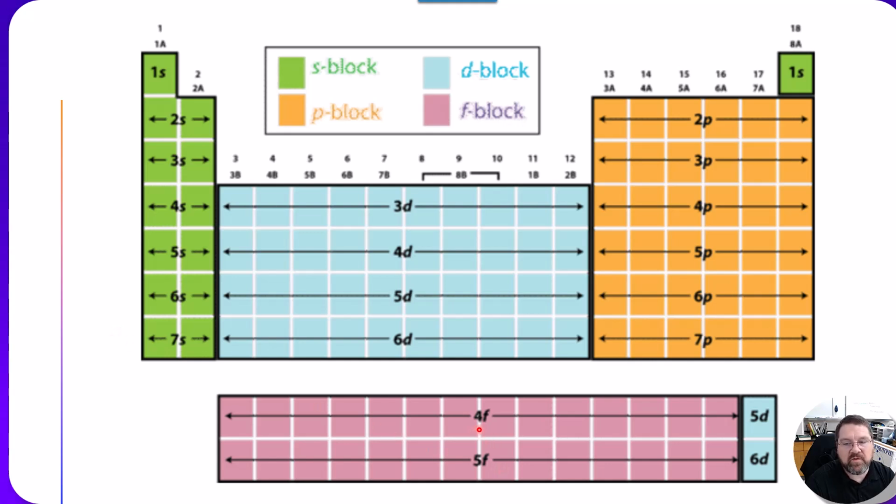The number in front of the F is 2 less than the row of the periodic table that it sits in. So remembering those patterns, S and P's are numbered the same as the row you're in, D's are 1 less than the row you're in, and F's are 2 less than the row that you're in.